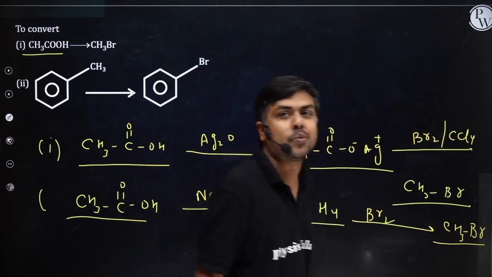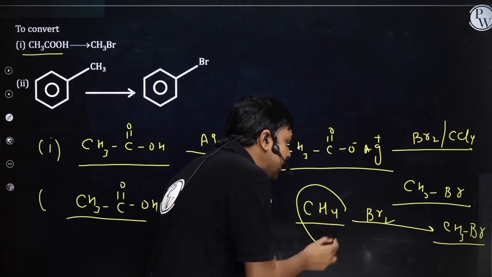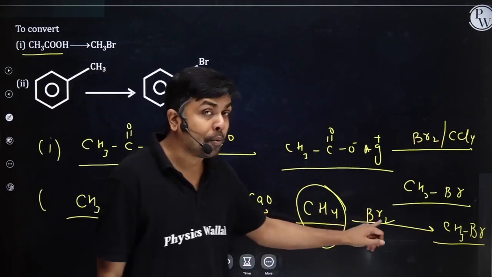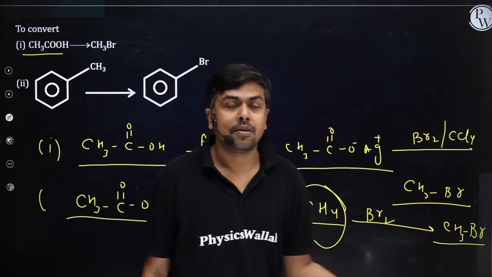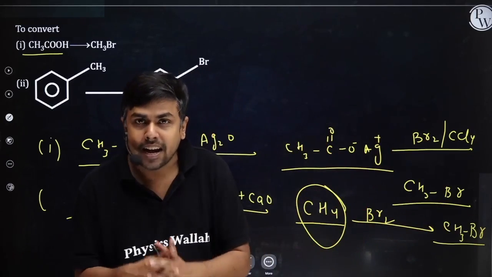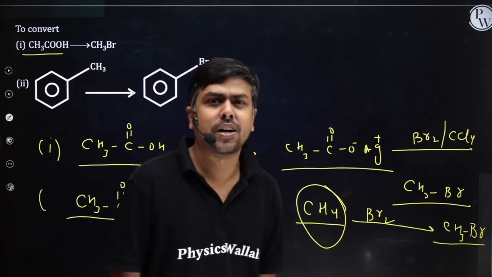Am I clear, student? Here this methane should be taken in excess, because if bromine is taken in excess, then further I will have dihalogenation, trihalogenation, and like that. Am I clear? We have studied all these things in the chapter hydrocarbon.